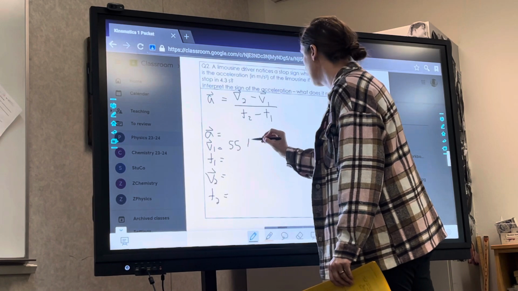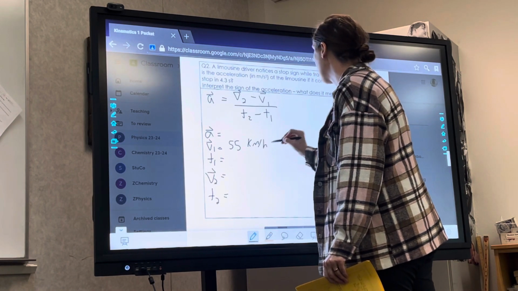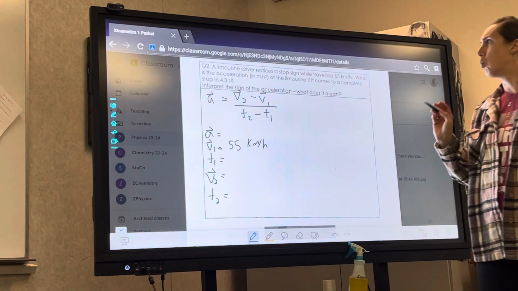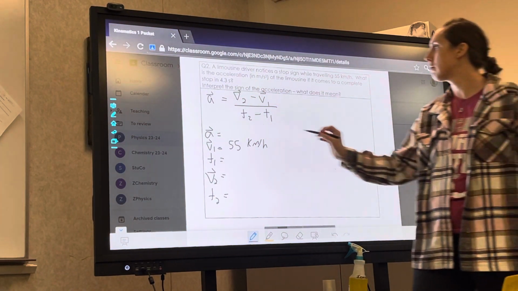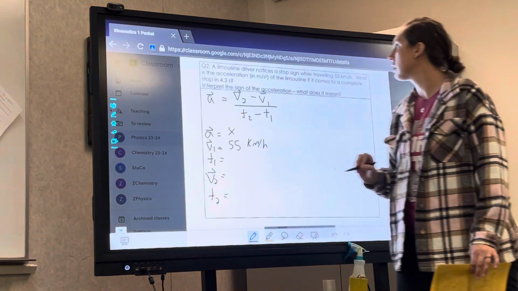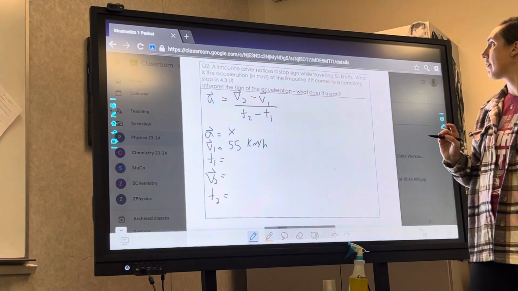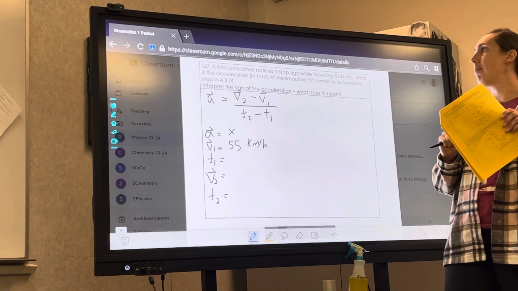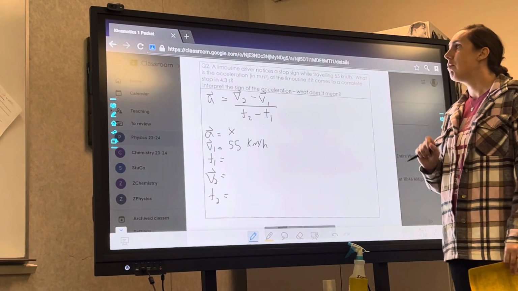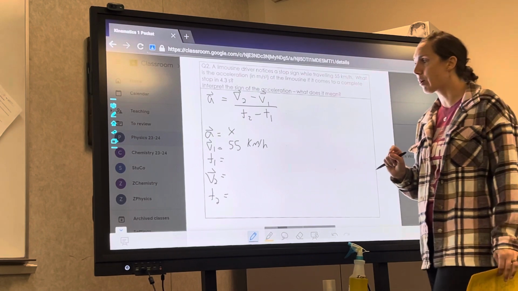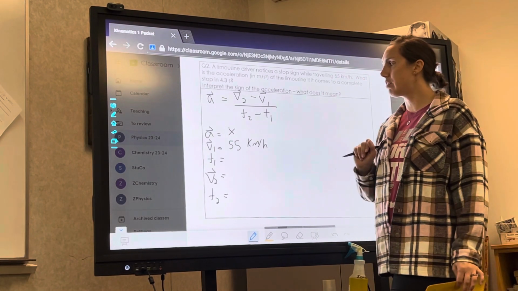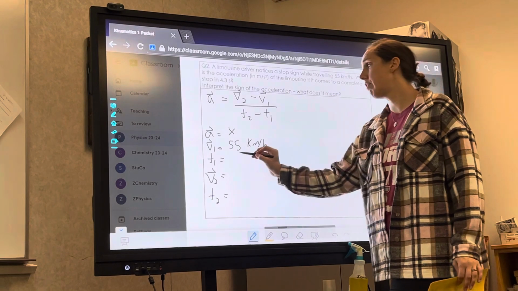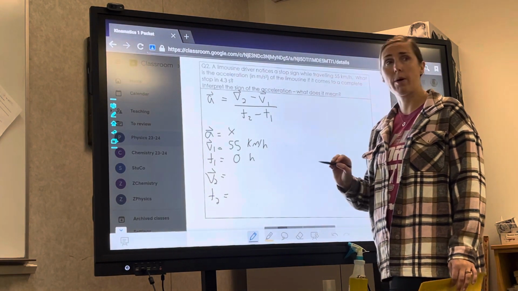What is the acceleration of the limousine if it comes to a complete stop in 4.3 seconds? So guys, first off, it didn't tell us an initial time, so we're just going to fill it in as 0 hours, okay?